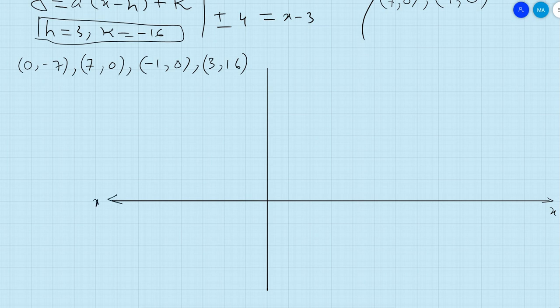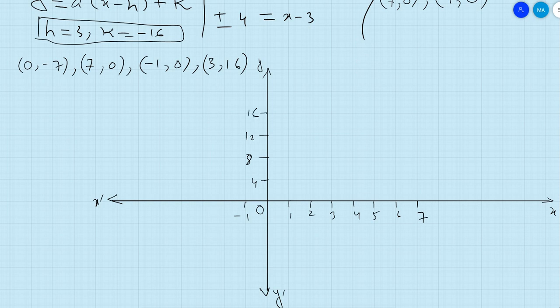This is our negative x, positive y, negative y, 0, 1, 2, 3, 4, 5, 6, 7, -1, and 1 square is 4, 8, 12, 16.